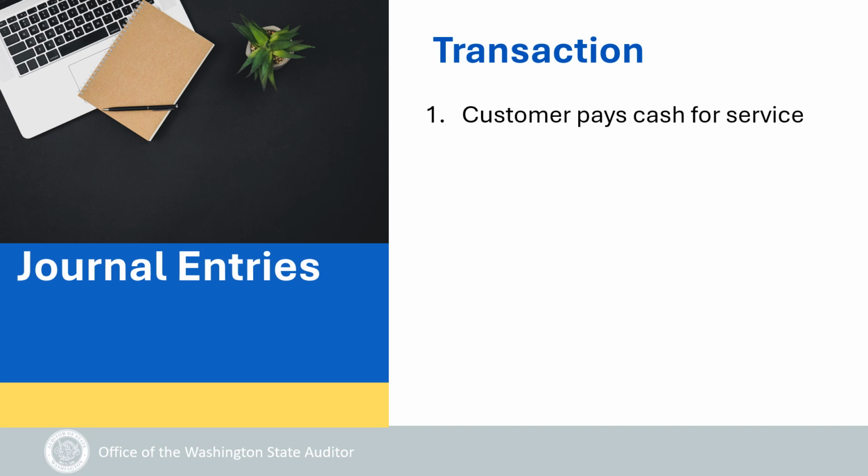What about the other side of the journal entry? We need a credit. Well, we performed a service, so we earned revenue. We know that revenue has a normal credit balance, so to increase it, we need to credit it. Our journal entry then is to debit cash and credit revenue, since both cash and revenue increased.